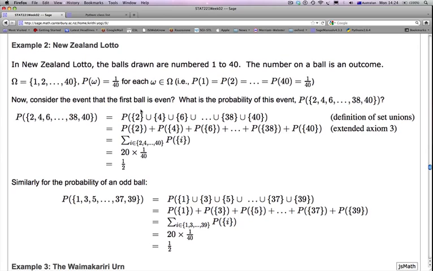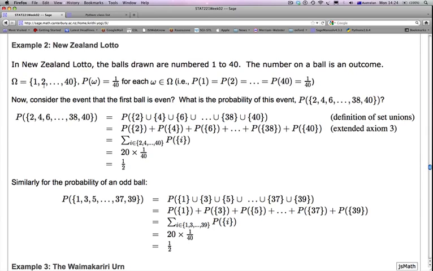Example 2, the New Zealand Lotto. In New Zealand Lotto, the balls drawn are numbered from 1 through 40. So the number on a ball is an outcome. Then the sample space is the set 1, 2, 3, up to 40. And the probability of little omega is 1 over 40, and little omega can be any element of our sample space.